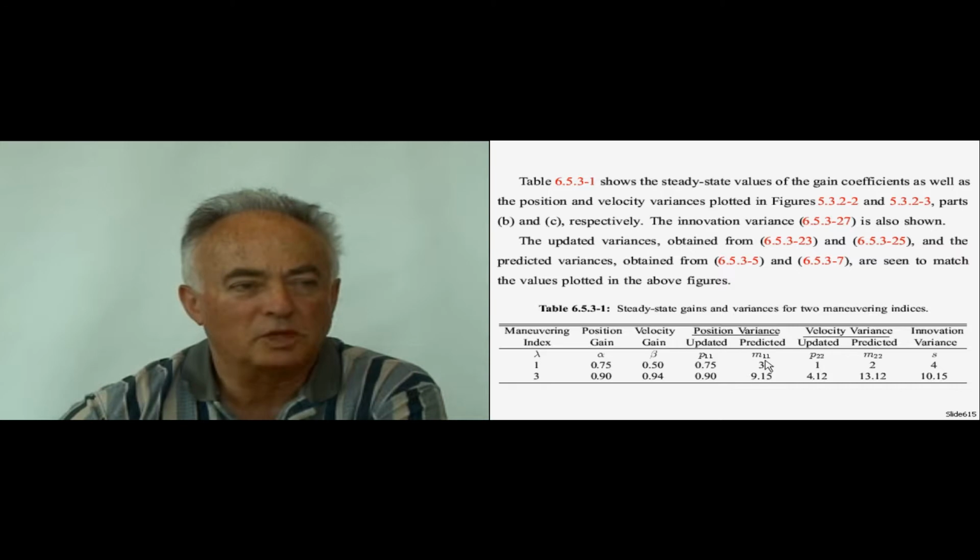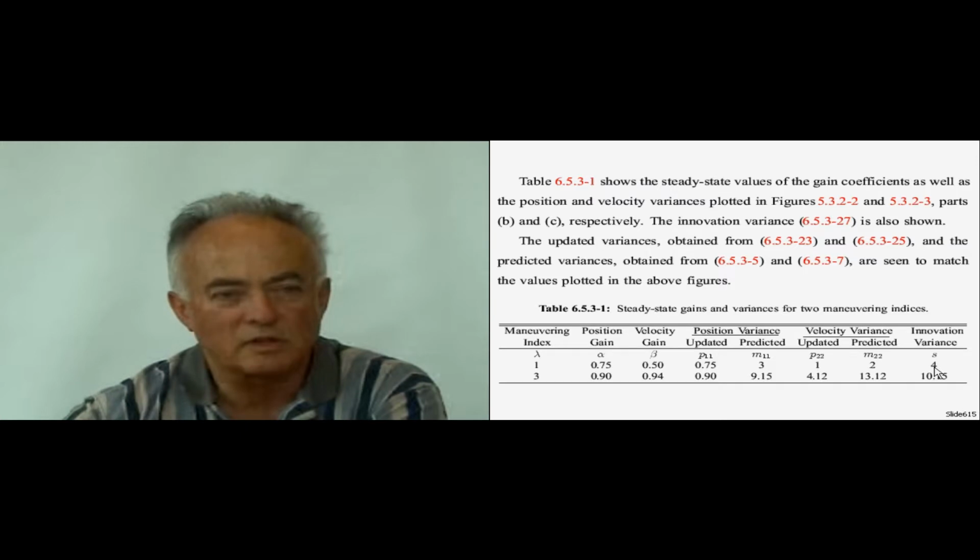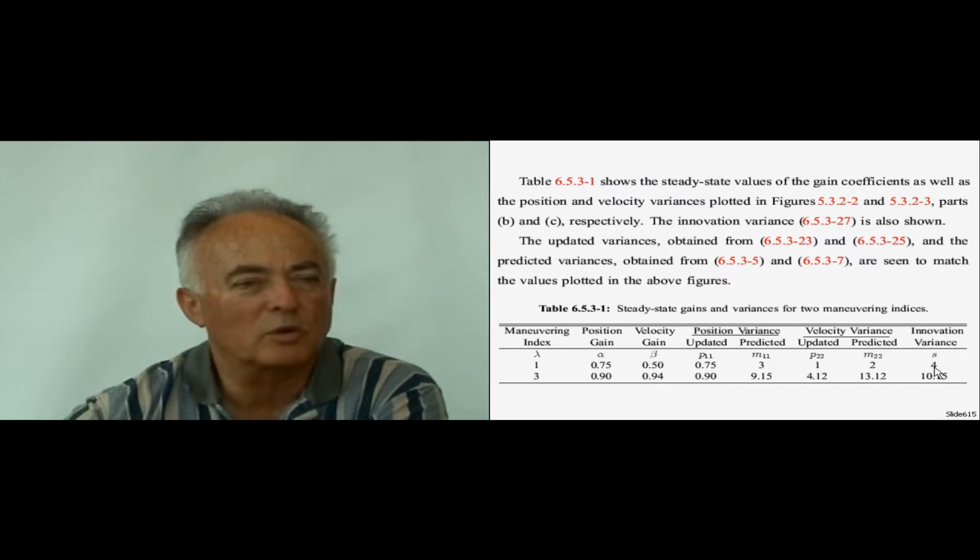The one-step prediction in position is 3 for this medium lambda. The velocity variances updated P22 is 1, predicted is 2, and the innovation variance you can also evaluate from one of the equations is 4.